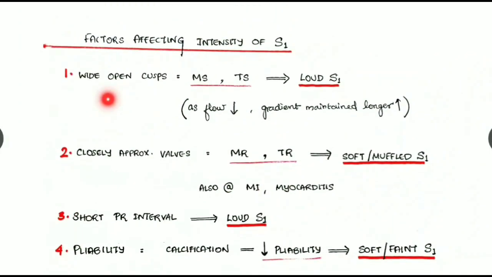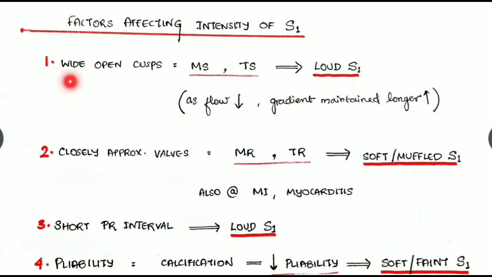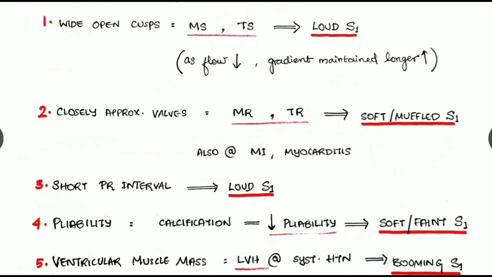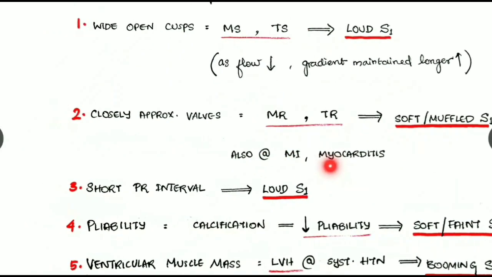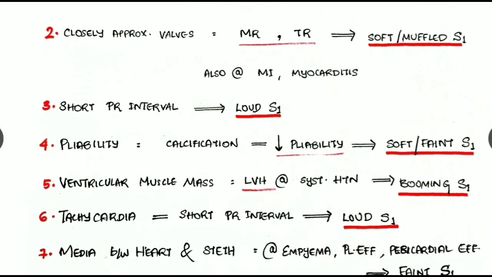Then, the factors affecting the intensity of S1. We have seen that wide open cusps, as in mitral stenosis and tricuspid stenosis, cause a loud S1. Just opposite to that, closely approximated valves in mitral regurgitation and tricuspid regurgitation, and conditions like myocardial infarction and myocarditis, cause a soft or muffled S1 heart sound.